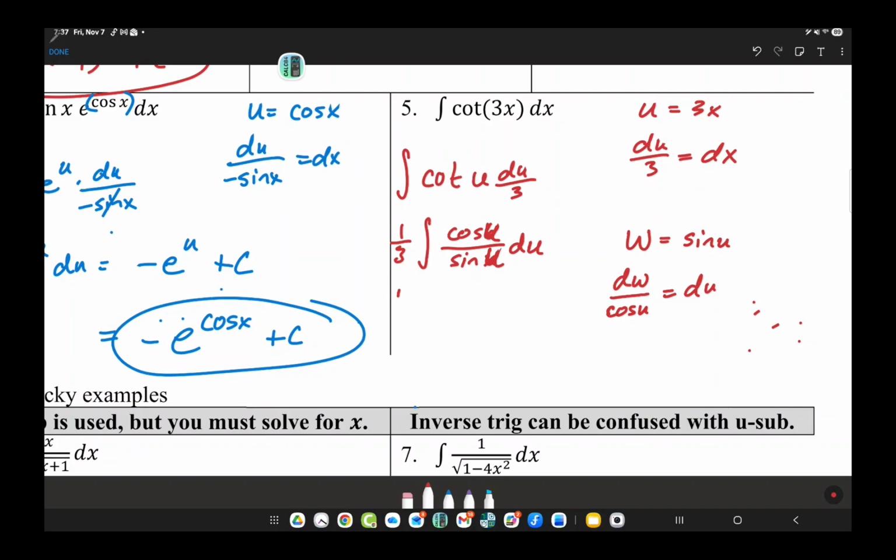So then we have 1/3 of the integral of cosine u over w times dw over cosine u, which cancels out. Now, what is the integral of 1 over w?